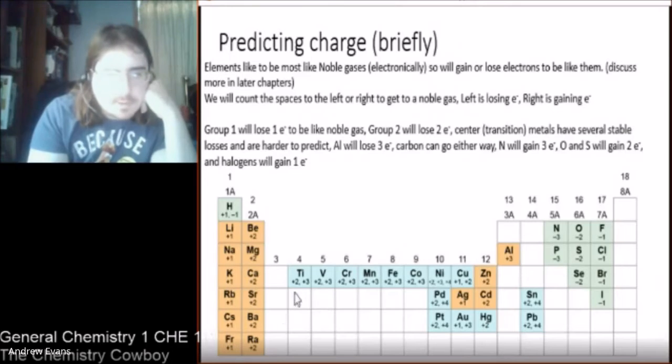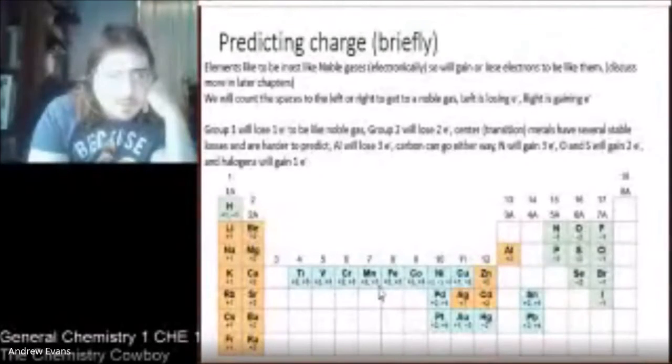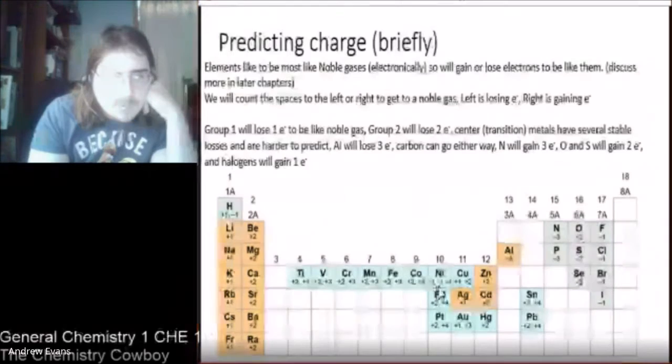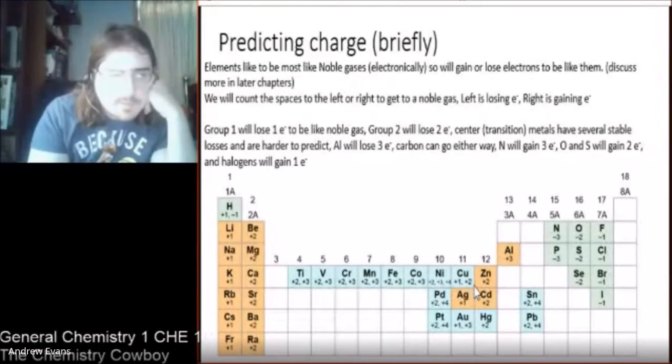Now you notice some of these guys in the transition metals have 2 numbers in it. So we can't just know for sure. Chromium could be 2 plus, 3 plus, or 6 plus, and that's not even shown. Manganese could be 2 plus or 3 plus. Cobalt can be 2 plus or 3 plus. Nickel, 2 plus, 3 plus, 4 plus. Copper, 1 plus, 2 plus.